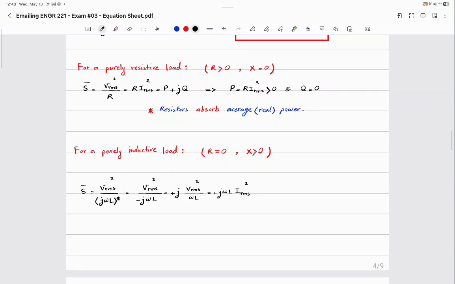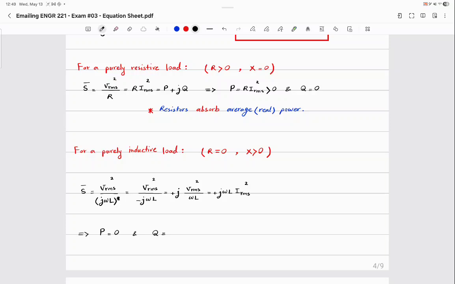Now, I want you to tell me what is P for an inductor? 0, because there isn't any real part. What is Q? Small mistake. Q is equal to just the rms, no j. j is not part of the Q. Remember, we have P plus jQ.